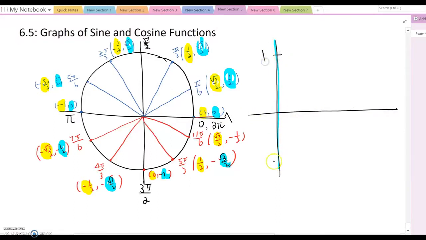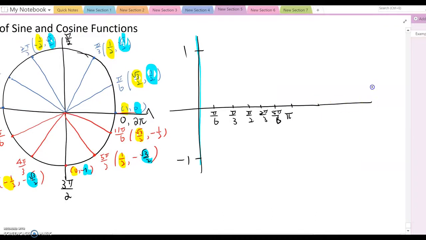So this is 1, negative 1, pi over 6, pi over 3, pi over 2, 2 pi over 3, 5 pi over 6, pi, 7 pi over 6, 4 pi over 3, 3 pi over 2, 5 pi over 3, 11 pi over 6, and 2 pi here.